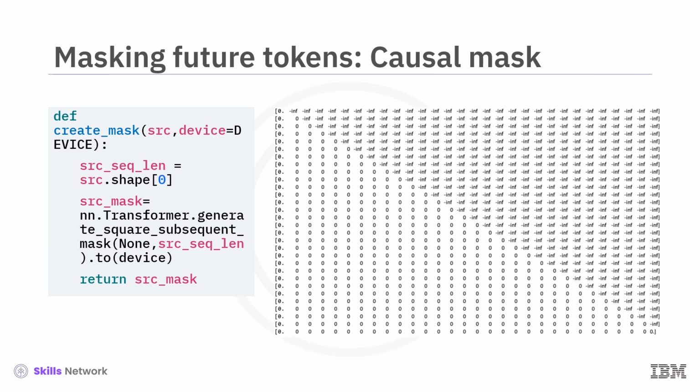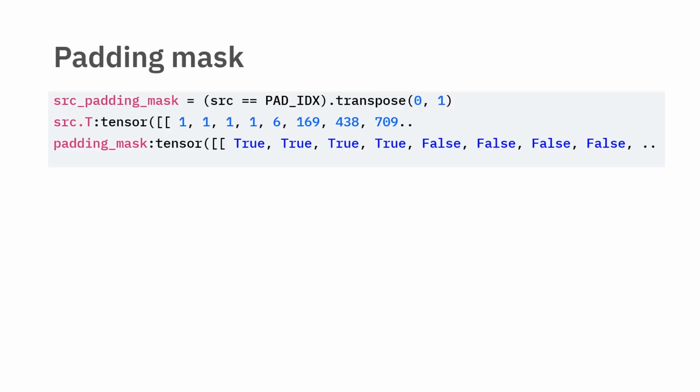You can see that the outcome of this function is an upper triangular matrix filled with negative infinities, which are dimensioned equally in rows and columns to the sequence length. PyTorch creates a causal mask for transformers, ensuring predictions for a token are dependent on the previously visible tokens. They also use functions such as GenerateSquareSubsequentMask and CreateMask to complete this task. Further, the encoder ignores the zero padding using a padding mask, where padding tokens are converted to true.